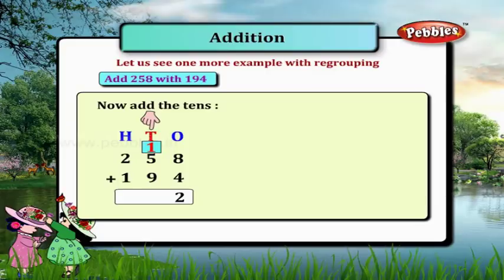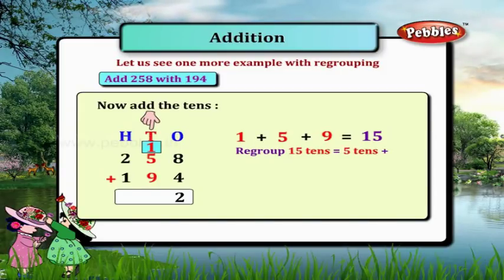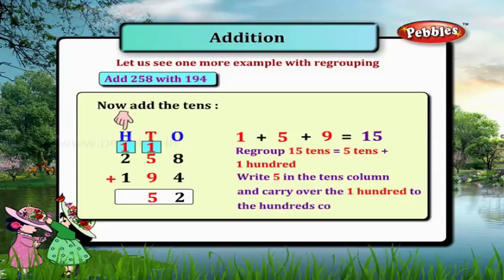Now add the tens. 1 plus 5 plus 9 is equal to 15. Now regroup 15 tens to 5 tens and 100. Write 5 in the tens column and carry over the 100 to the hundreds column.